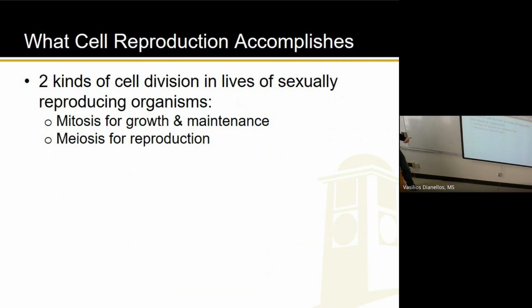So we use both. We use mitosis for growth and maintenance, and we use meiosis for reproduction. Unlike something like an amoeba or a bacteria, they don't do sexual reproduction. So something that reproduces asexually only uses asexual reproduction. Any questions about this slide?